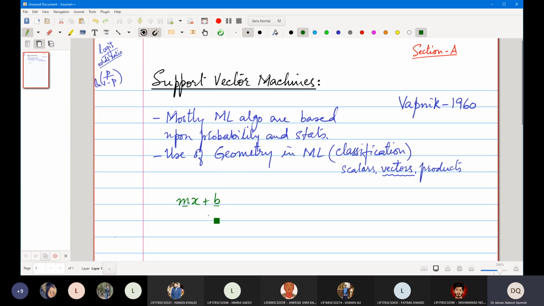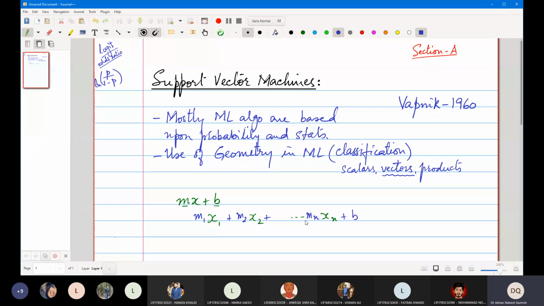If you have multiple features, x1, x2, all the way till xn, then you will have m1, m2, until mn, and then you will add the bias term.